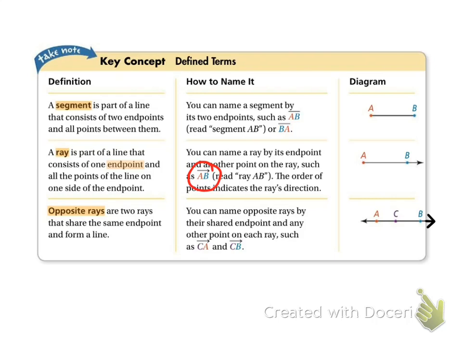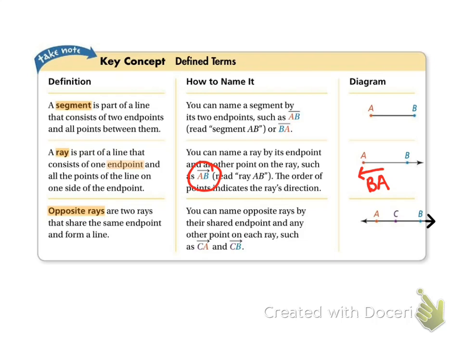That's because A is the endpoint, and it goes on forever past B. You could also write it BA as long as the endpoint is still above A. That's not the way we usually write that, but that is okay. Usually we want the endpoint on the left.